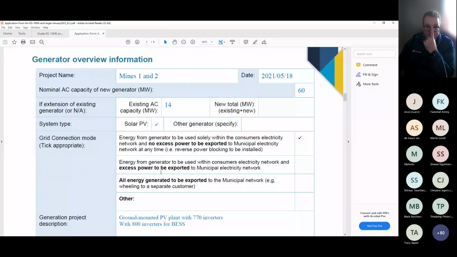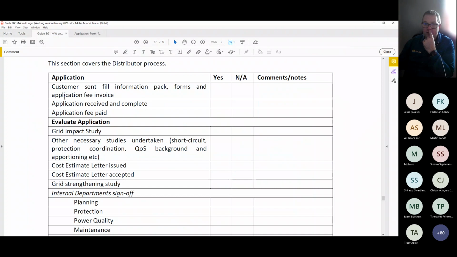So here we get to the actual generator information. So the first question that we do want to answer is, did the customer get the information pack, and did he complete the application form and pay the application? Well, sorry, this one is: customer was sent the full information pack. There's also a typing error there, sorry.